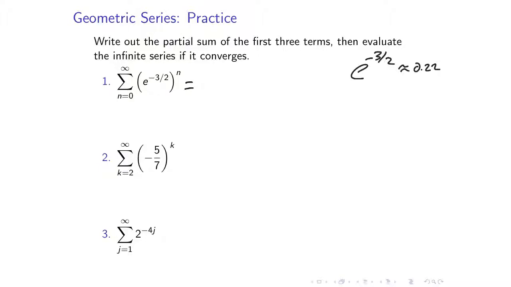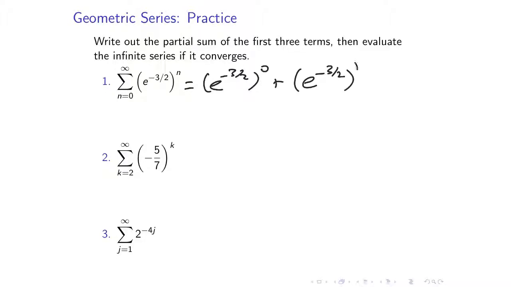So if I write out the first few terms, which is never a bad idea, we'll have that number to the 0 power, that number to the first power, that number to the second power, and so on. That's enough to identify that my first term is 1, since e to the minus 3 halves to the 0 power is 1.